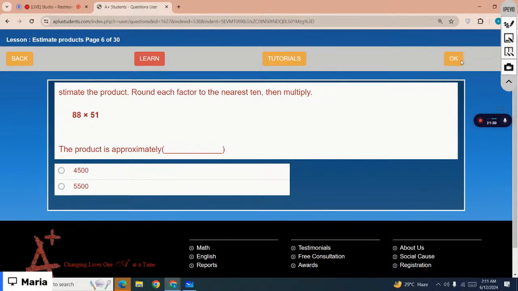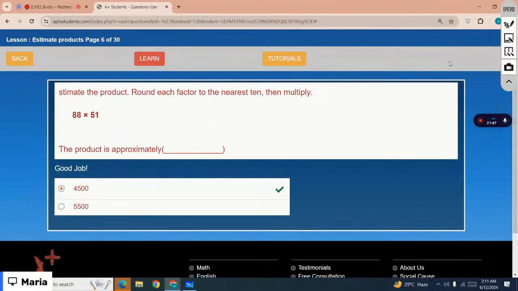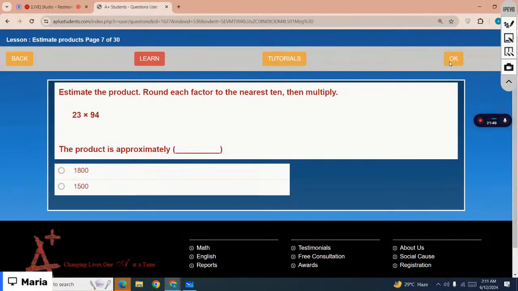That is 90 times 50. So 4500. It is very good. Okay, you can complete the lesson by yourself later today. Let me just move on to next lesson.